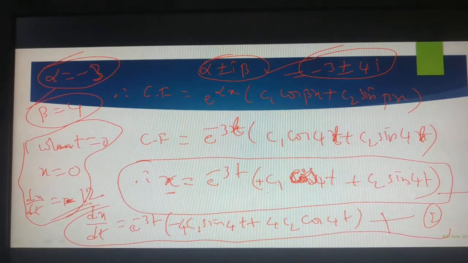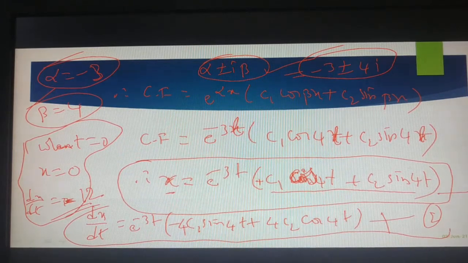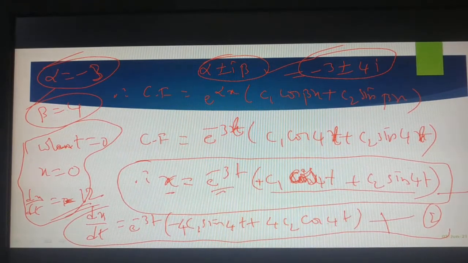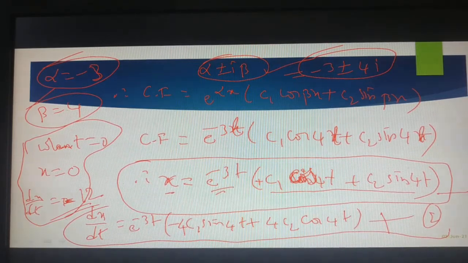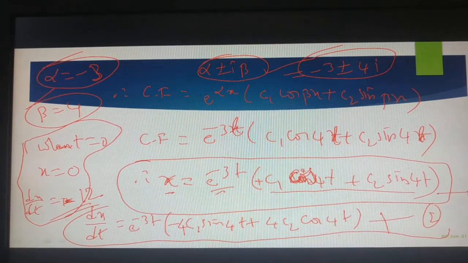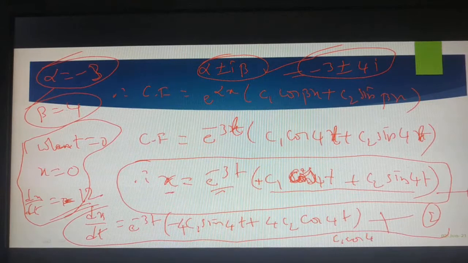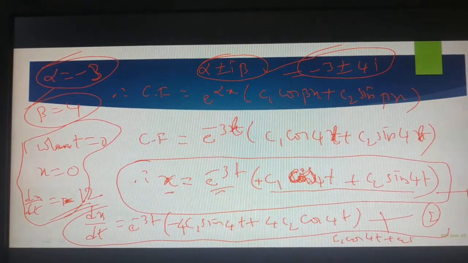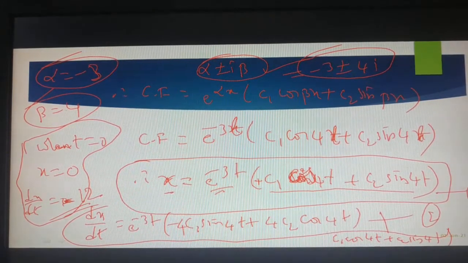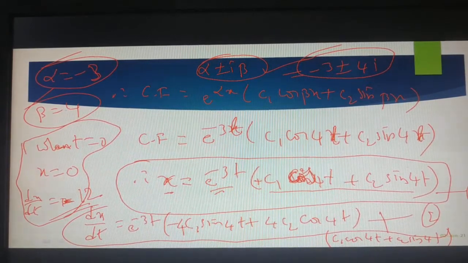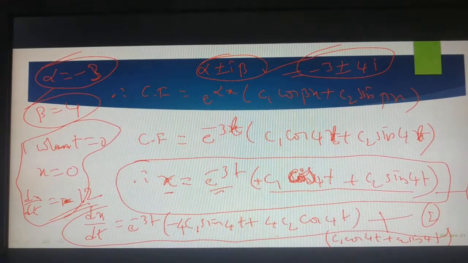First time I am keeping this whole thing, I am differentiating, keeping this as a constant. Next time I am keeping this entire thing which is in the bracket as a constant. That will be, I can write it as c1 cos 4t plus c2 sin 4t, whole thing as common. The derivative for this one is minus 3 e power minus 3t.